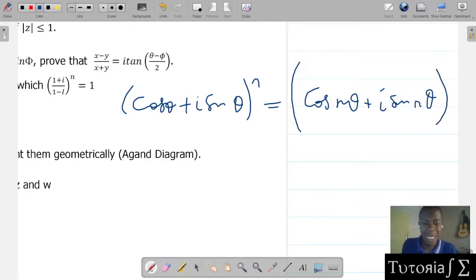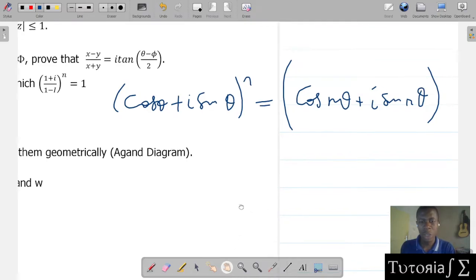So the n basically drops. The n goes down there and down there. So this is what the Moivre's theorem states, and we're going to prove this by firstly the exponential function.